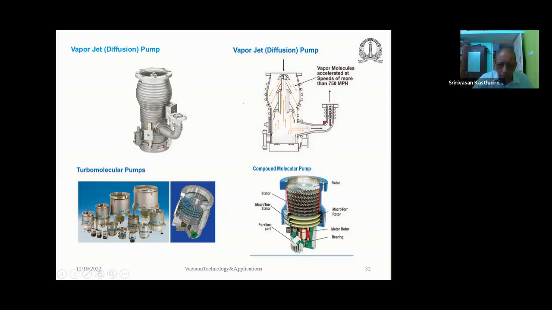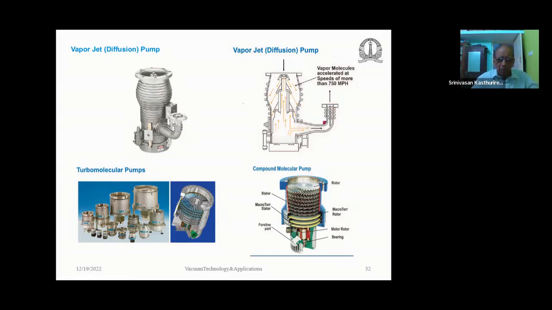It goes upwards, and then there are a larger number of jets, as you can see here. These are the jets, and there are multiple jets present: the topmost jet, then the second level, third level, etc. The oil vapor now flows downwards like a jet at very high speeds.